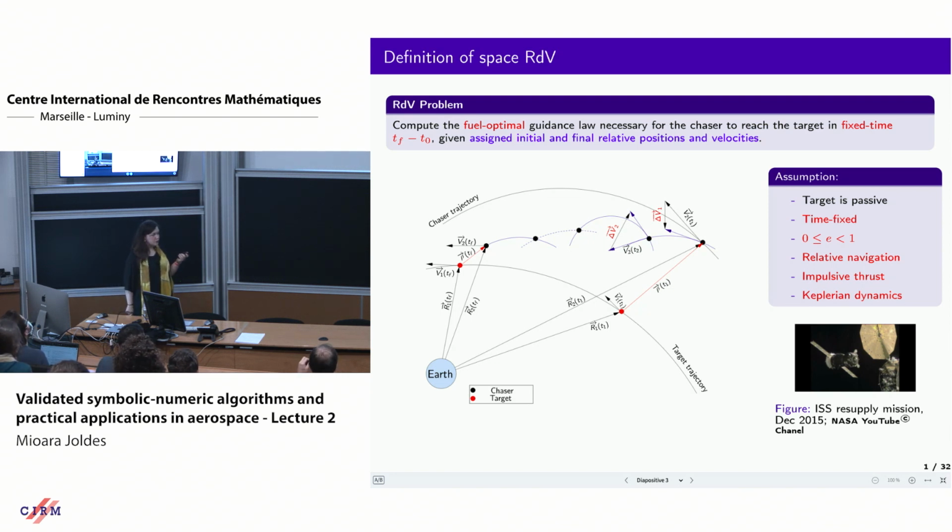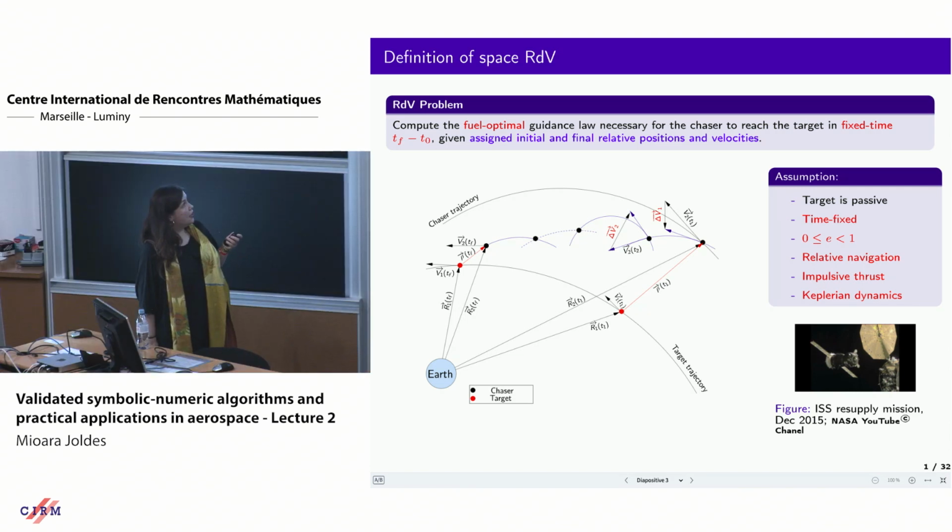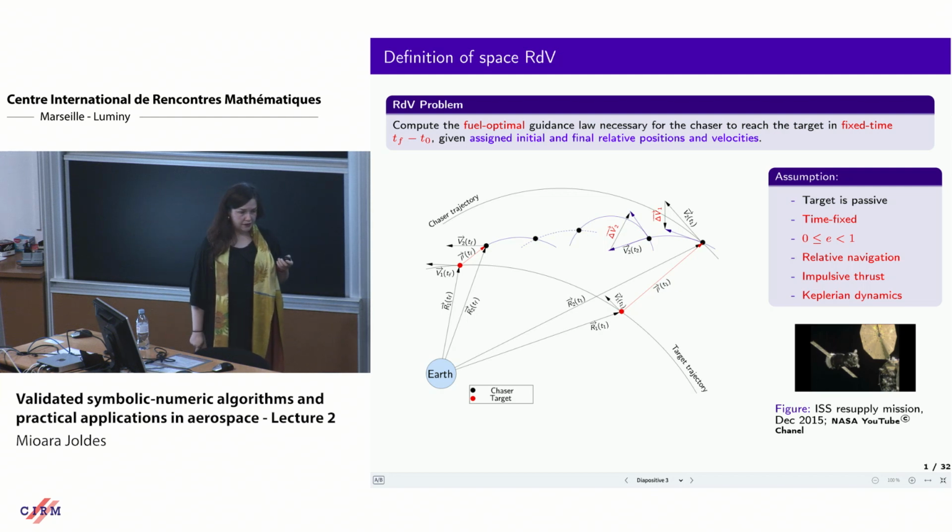So you have two objects, a target and a chaser, and they are in an Earth orbit. Well, so that's why we have an elliptical Earth orbit, so we have an eccentricity less than 1. And we consider that the chaser is equipped with impulsive thrusters.